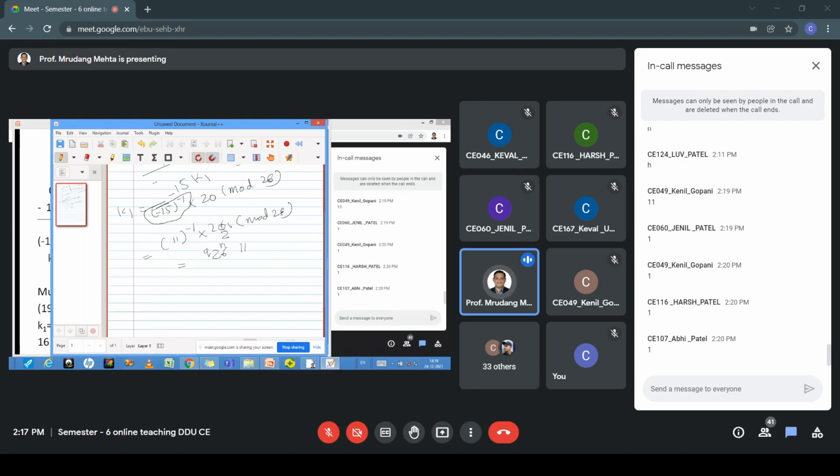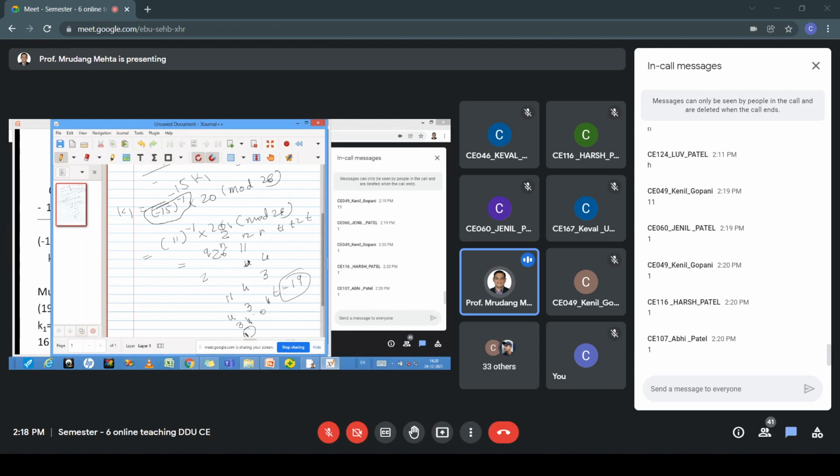So Q, R1, R2, R, T1, T2, T. At that time, T value is 19.